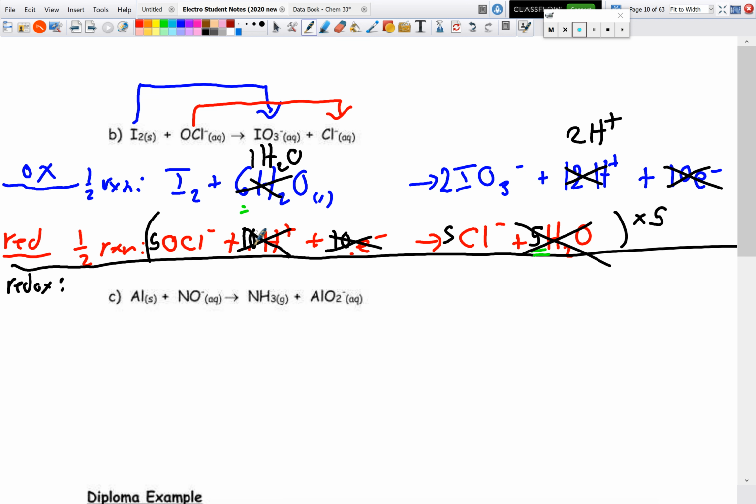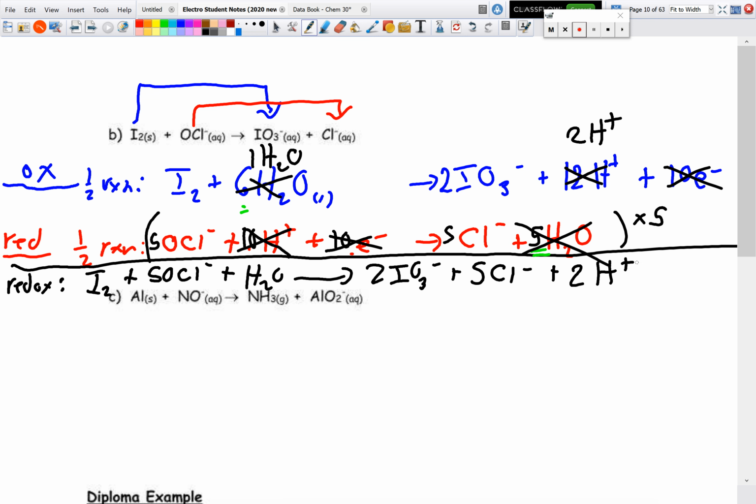So what we're left with in our redox, we got I2 plus 5OCl minus plus our 1 H2O. It's going to produce 2 IO3 minus plus 5Cl minus, and then our excess of 2 H plus. And that is our balanced redox reaction for this one right here.